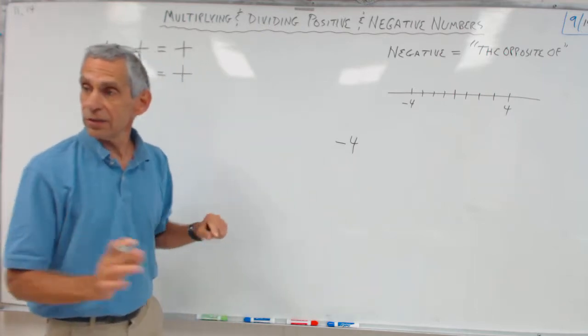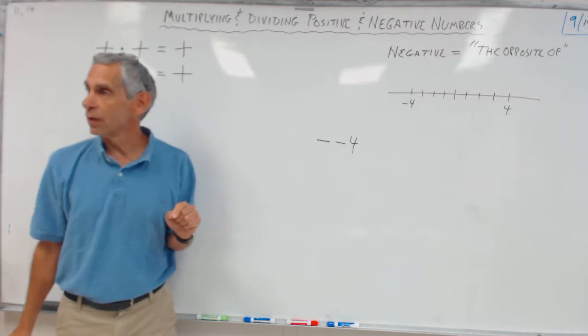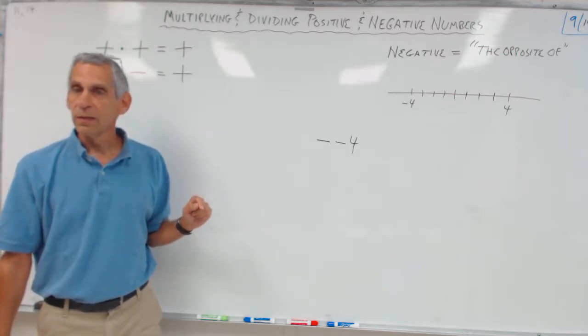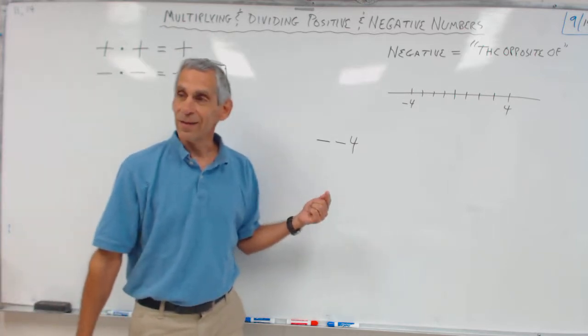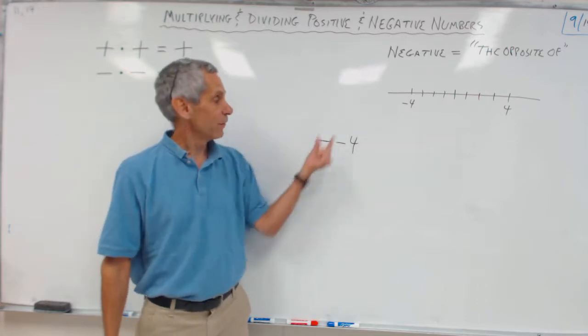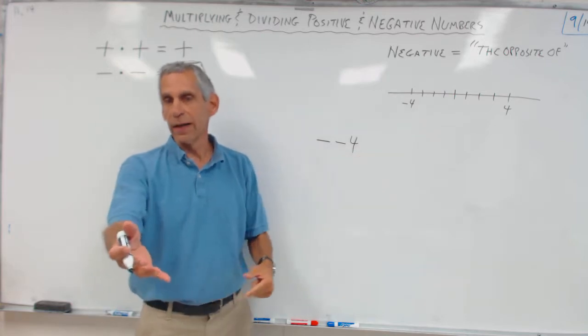Now, what if I did this, though? What if I said the opposite of negative 4? Sienna. It's the opposite of 4. Right, exactly. Or, to keep it simpler, make this one be the definition and this one be the actual place on the number line. You were right, totally right.